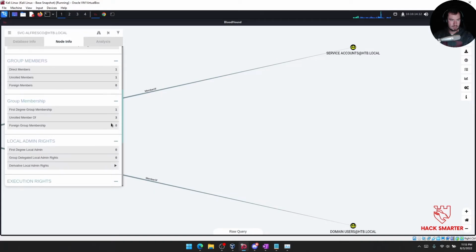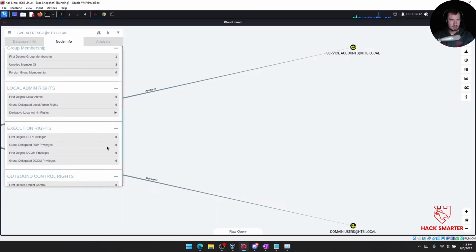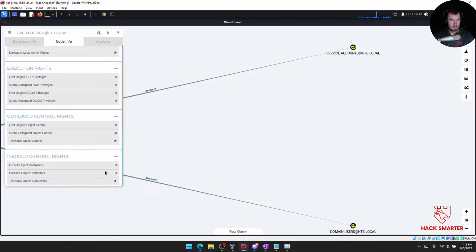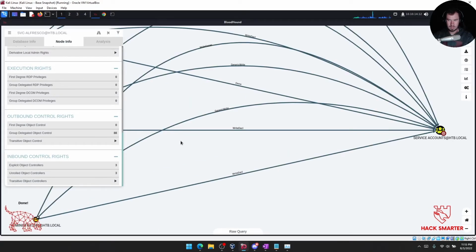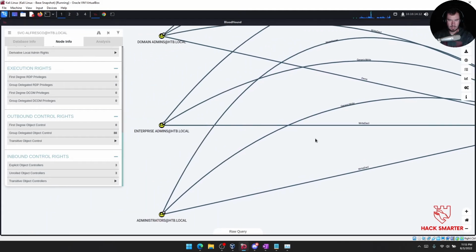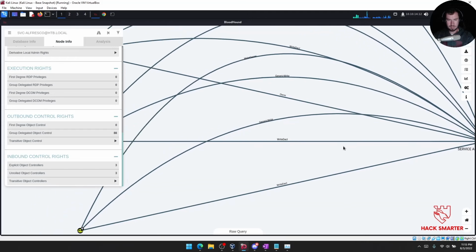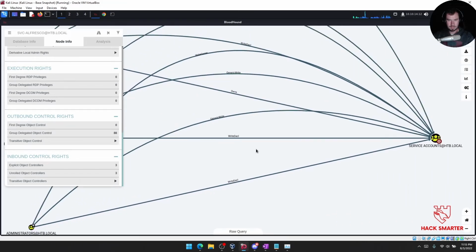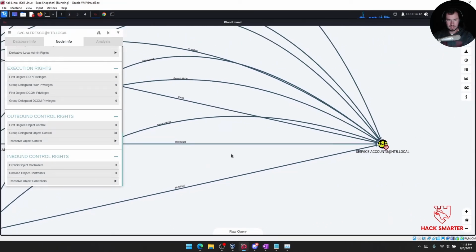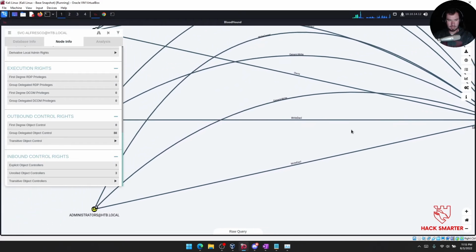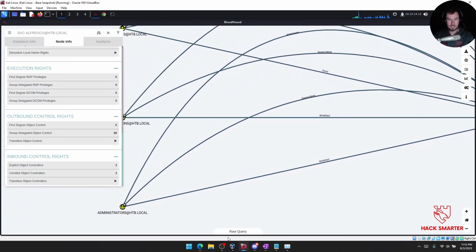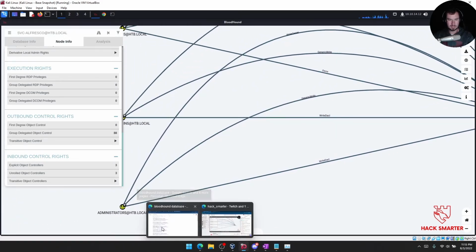It's one member. Oh, hold up, I remember stuff. Service accounts has generic write permissions to administrators. What is generic write again? That's coming back to me.